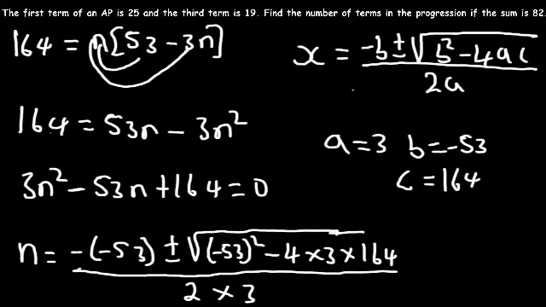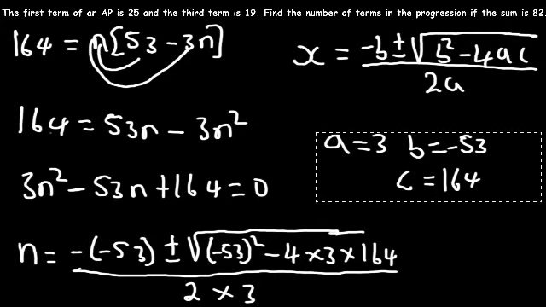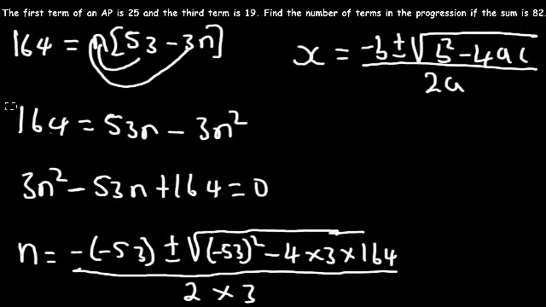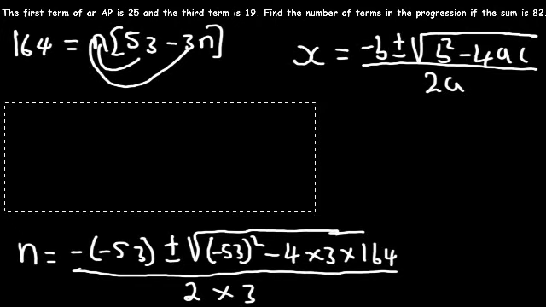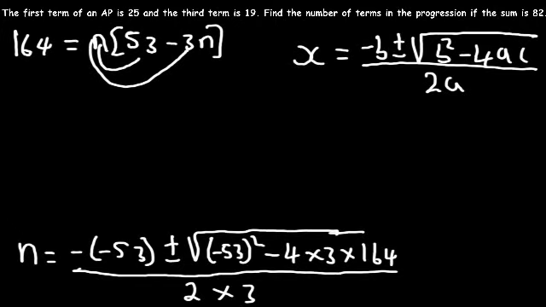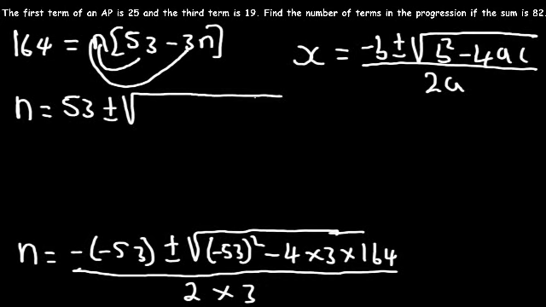Okay, now what I will do next is simplify to get the value of n. Let's see. So I should have the value of n equal to, by the time I multiply this, positive 53 plus or minus the square root of 53 squared. What would that be?